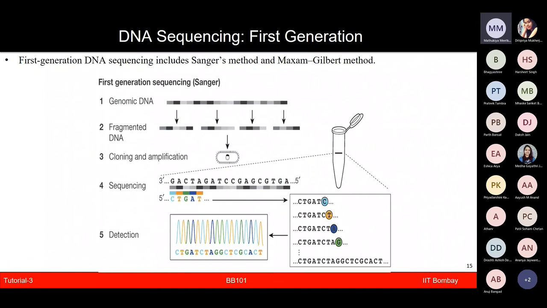So what they used to do was copy or take out the gene of interest that they wanted to sequence. The whole genome sequencing was sort of out of the question.